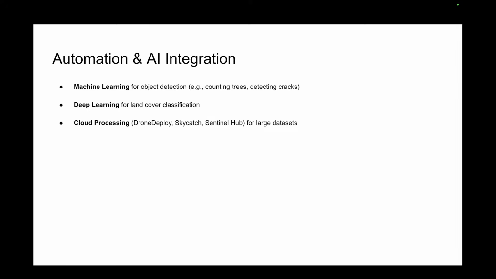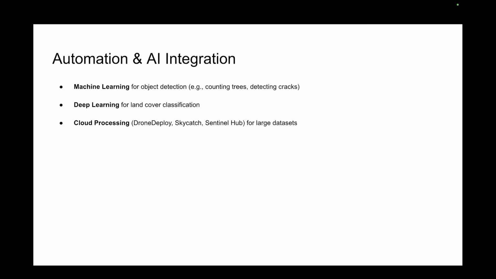And now we can also apply automation. It's very important. Suppose I use machine learning, deep learning, or cloud processing on this type of dataset. Suppose I have drone imagery. From this drone imagery, I can easily count the trees. I can detect all the cars. I can detect all the buildings using deep learning or machine learning.